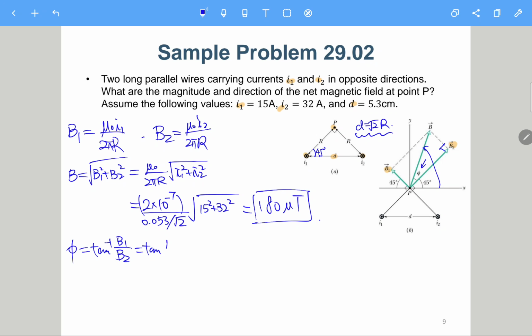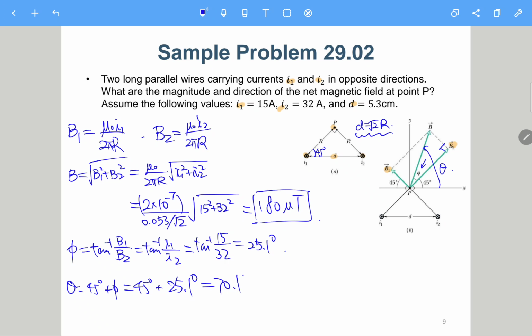So it is nothing but I1 over I2, which is arctangent 15 over 32. So it turns out to be 25.1 degrees. So we may call this one theta. Theta is 45 degrees plus phi, which is 45 degrees plus 25.1 degrees, which is 70.1 degrees.